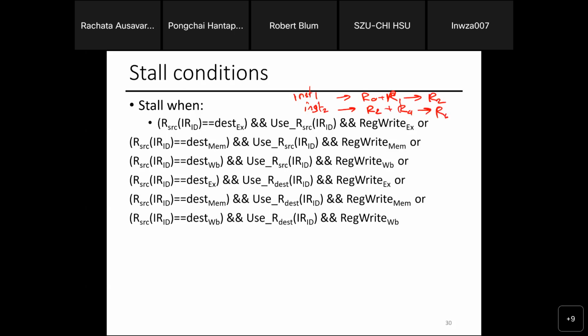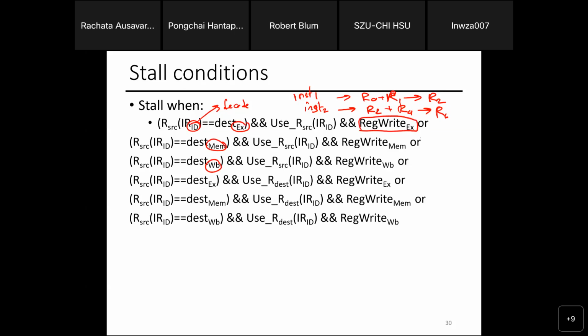Instruction 2 is in the instruction register in the decode stage. If the source register that I need during decode equals any destination of the instruction in execute, memory, or write back, I stall. The first 3 lines are: if I'm dependent on the instruction in the execute, memory, or write back stage, I stall.